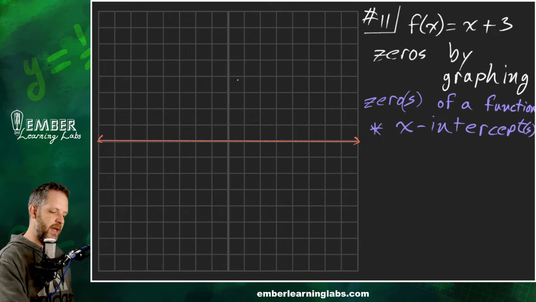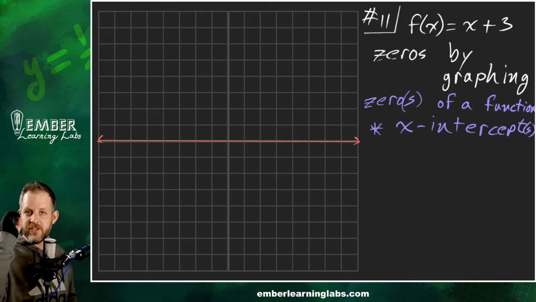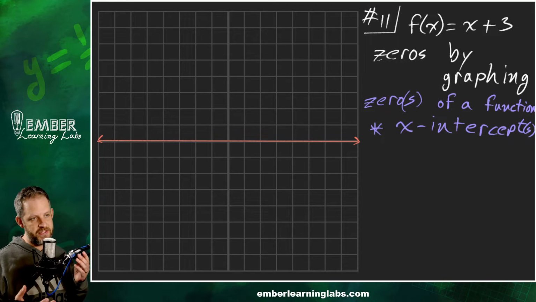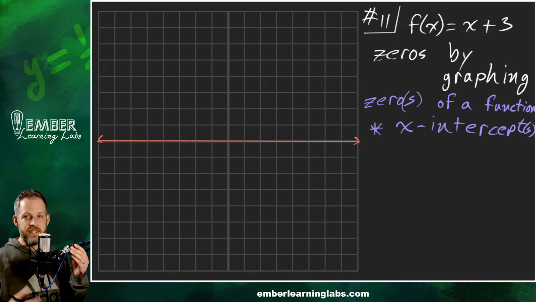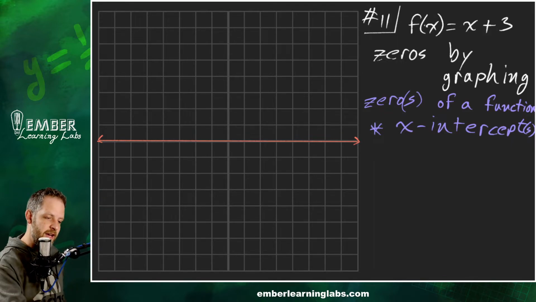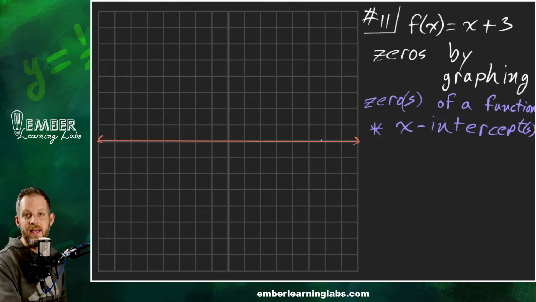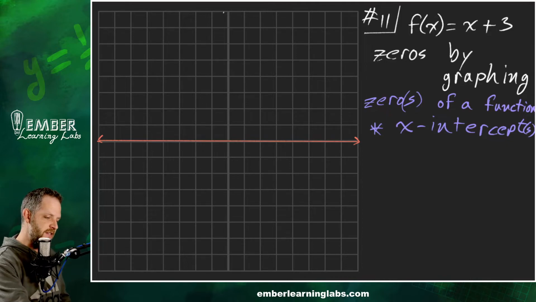We didn't go up any and we don't go down any. So all along the x-axis, y equals 0. So for the second half, where you're supposed to do it algebraically, we stick a 0 in for y, and then we solve for x. Easy peasy lemon squeezy. But to finish answering our question here, we're going to look at doing it graphically.